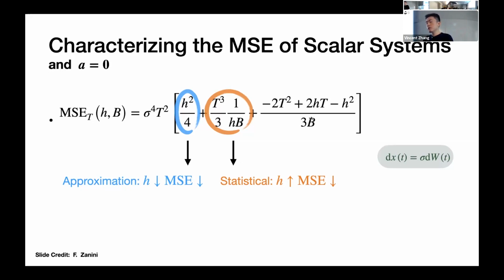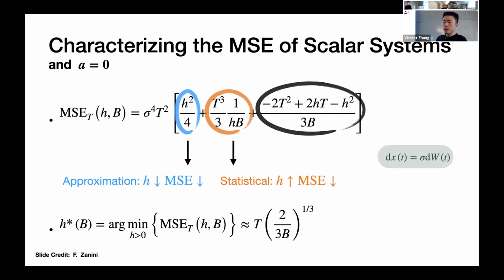And the rest of the terms are just some higher order terms that become small in the asymptotic case, and we don't really want to worry about them because B is often fairly large and H is small. And from there, what it gives us is the H star.